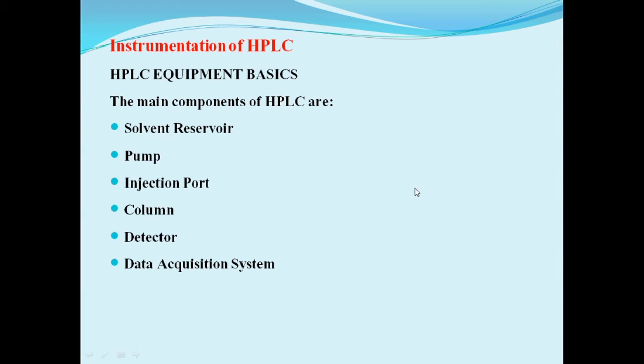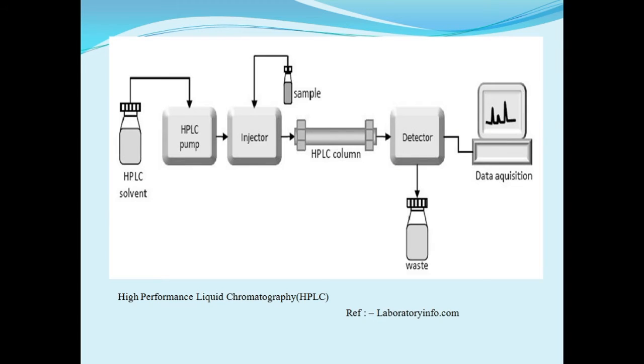The main components of HPLC: solvent reservoir, HPLC pump, injection port, HPLC column, HPLC detector, and data acquisition system. This is the block diagram of HPLC.